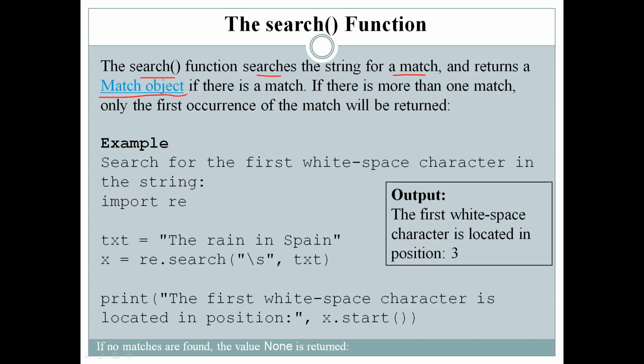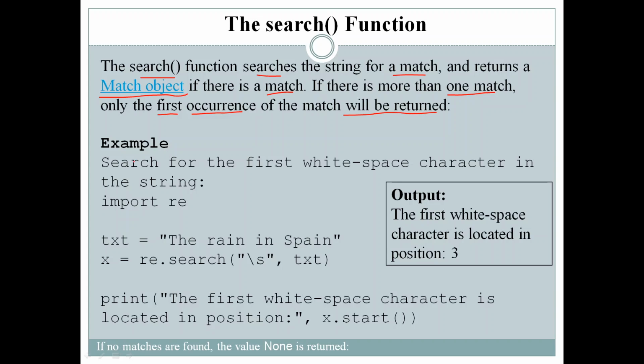Here the search function returns a match object if there is a match. If there is more than one match, remember, only the first occurrence of the match will be returned.